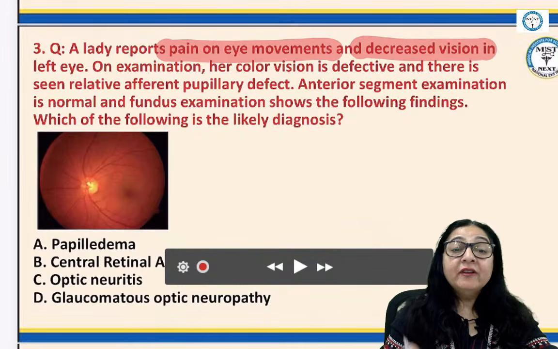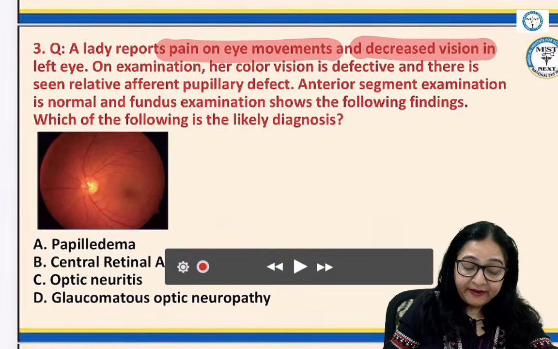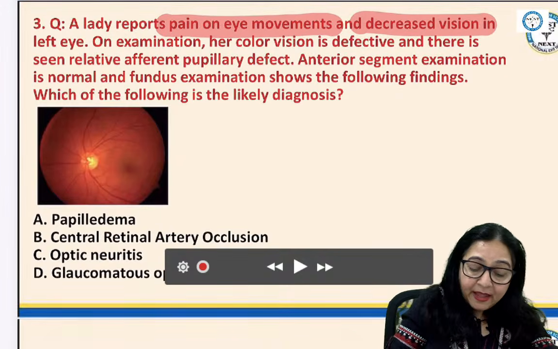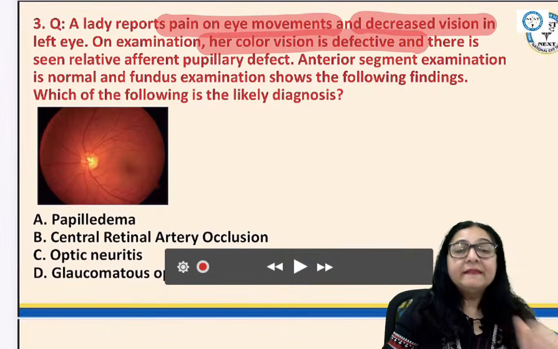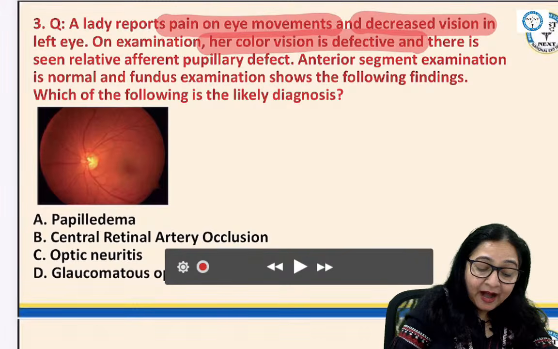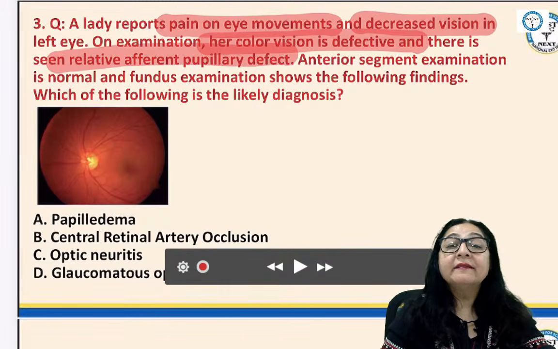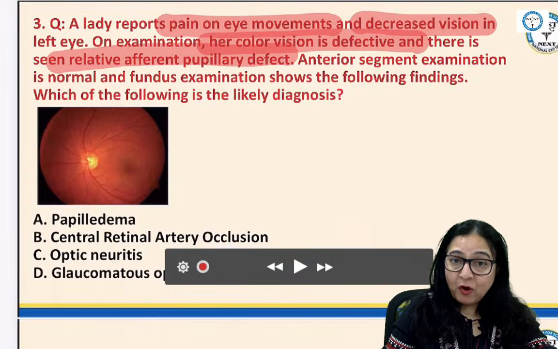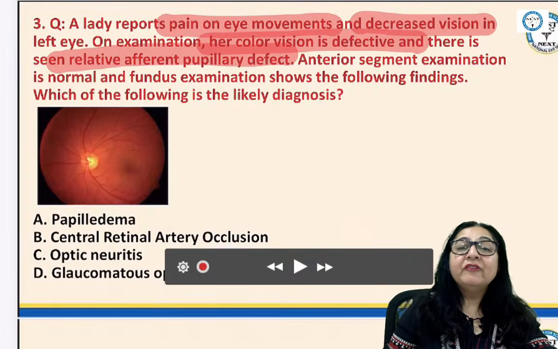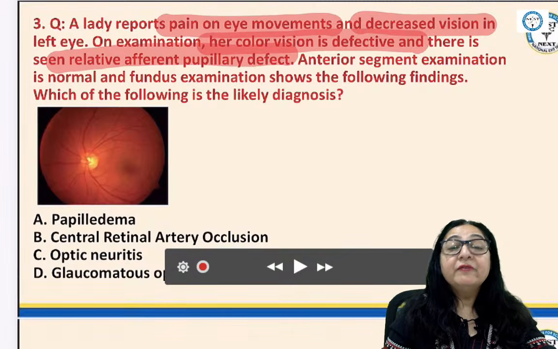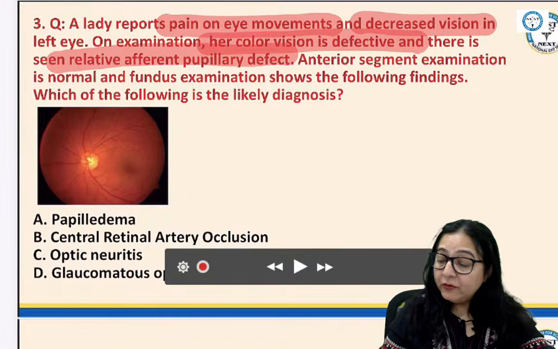On examination, her color vision is defective. Okay. And there is seen relative afferent pupillary defect, RAPD, or Marcus Gunn pupil. Anterior segment examination is normal. Fundus examination shows the following findings. Okay. So which of the following is the likely diagnosis?